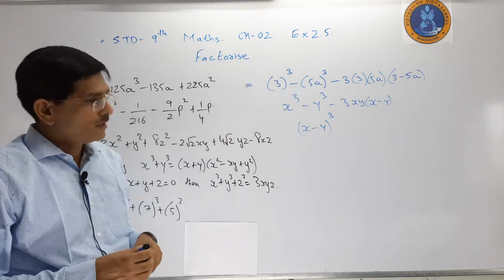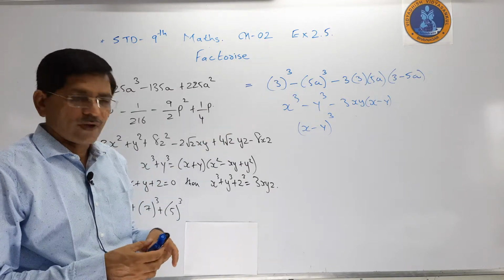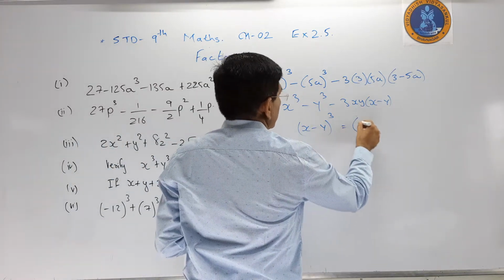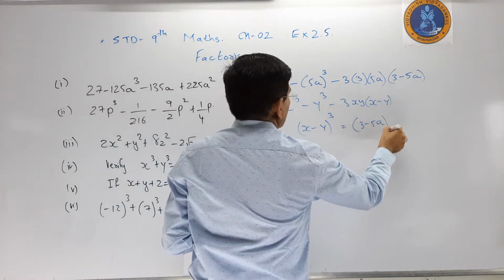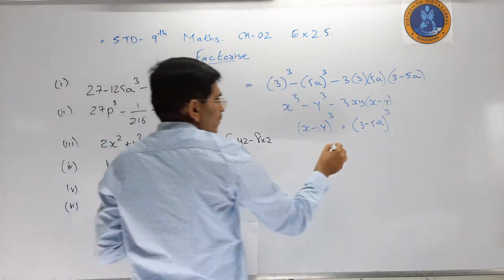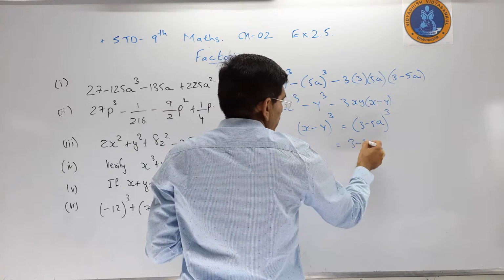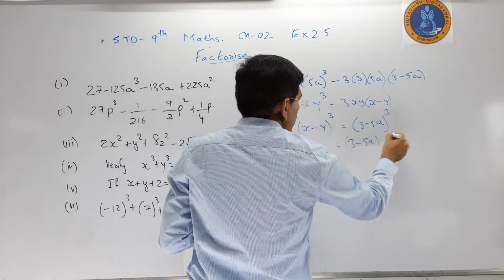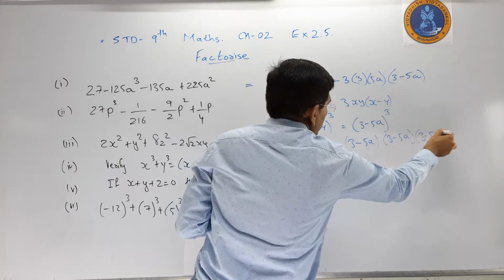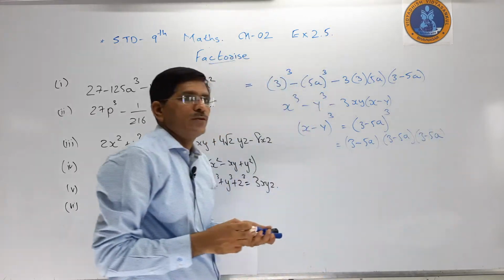That is 3. What is y? That is 5a. So I have to write as an answer 3 minus 5a whole to cube. But the question is factorize, so I have to write 3 minus 5a, 3 minus 5a and 3 minus 5a, that is, 3 times.